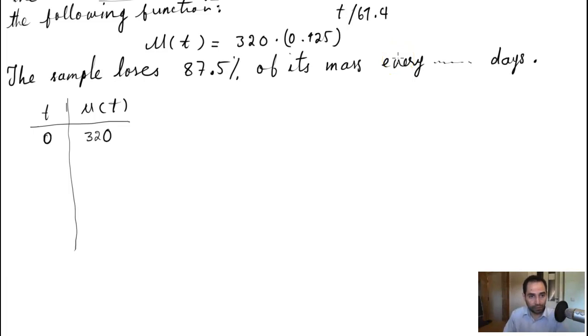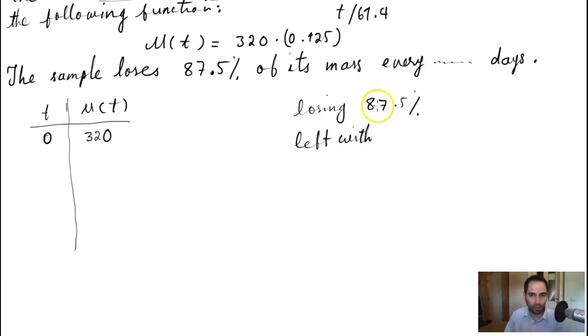Now if you want to write a relationship for that, it basically means that you are left with, so if you're losing 87.5%, you're left with what percent?